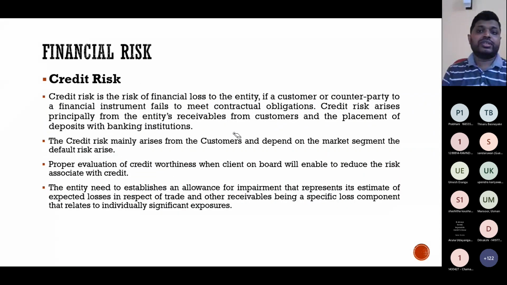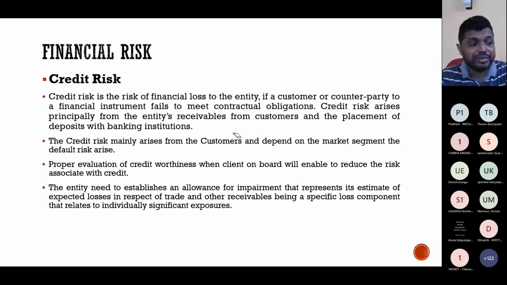Credit risk. Credit risk, as I have mentioned, is when you have given on credit, whether you can collect without any default. Now, if you are selling renewable energy, or you are infusing to the national power grid, there will be some delay in payments.